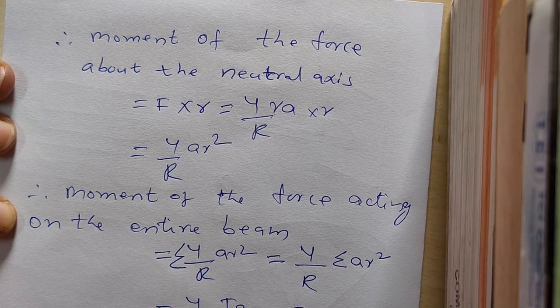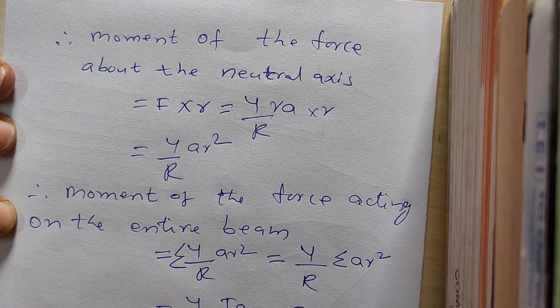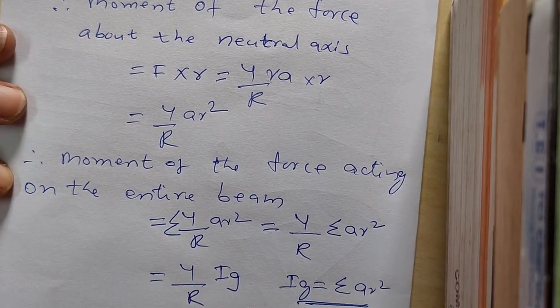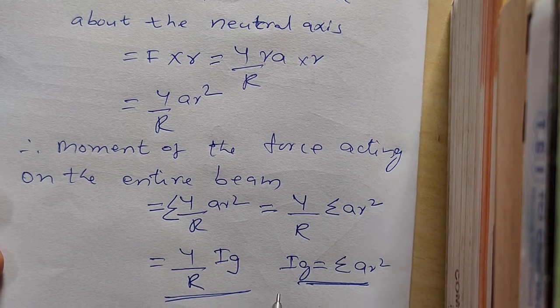So the moment of the force acting on the entire beam is equal to Y by R into Ig, where Ig is the geometrical moment of inertia.